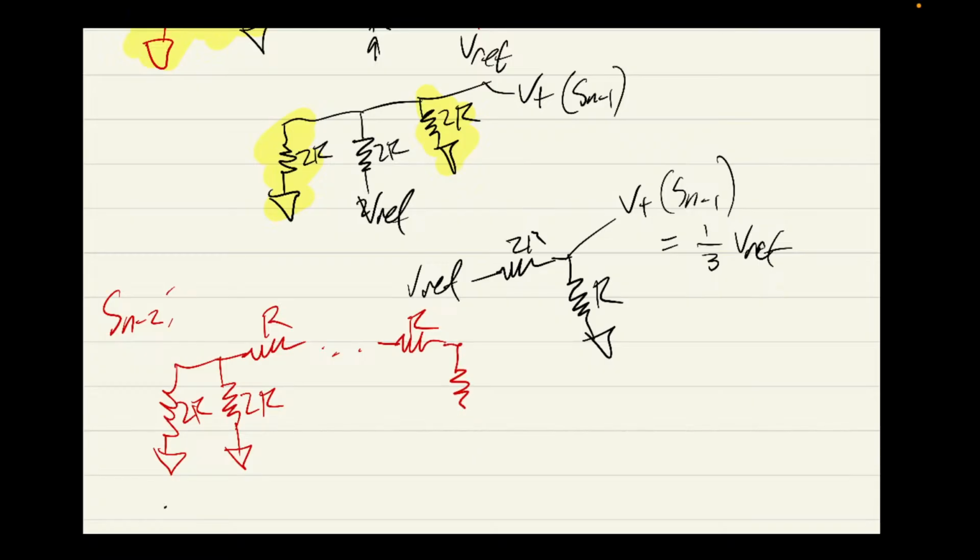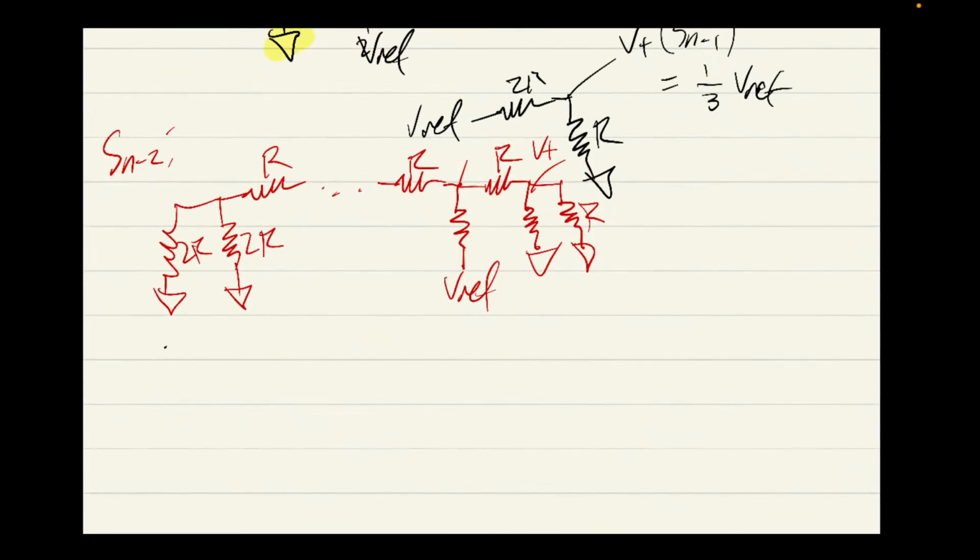This one's going to be Sn-2, so this goes to VREF, and because we're just considering superposition, that's the only one that's on. We have one more R. This one goes to ground, because Sn-1 is considered off, and this one also goes to ground. This here is where V plus is. This is something else we might consider, but let's take a peek.